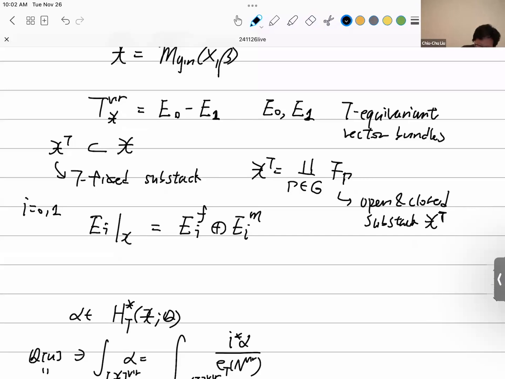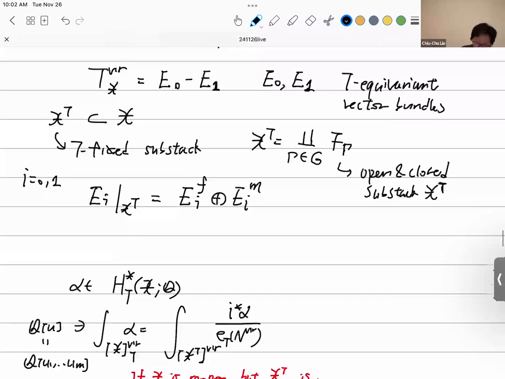So actually, let me say on the whole X^T. The T virtual of the fixed point is the fixed part.